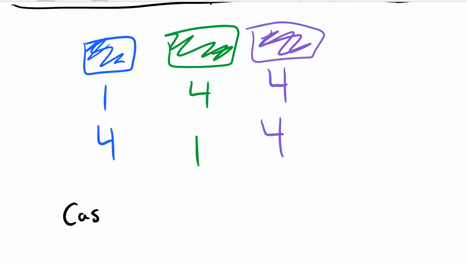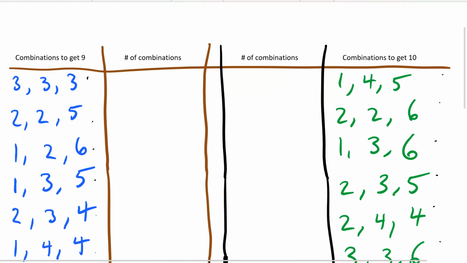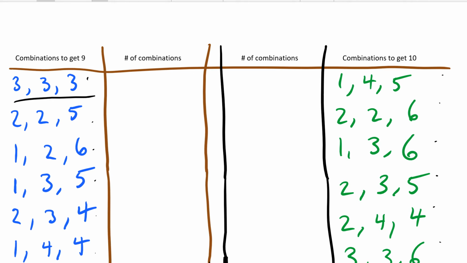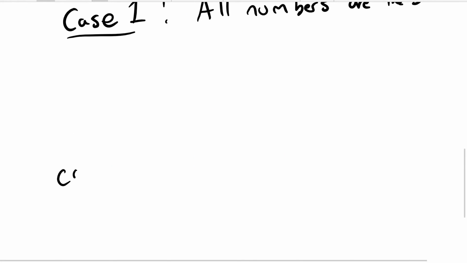One case is all numbers are the same. For example, with combinations to get 9, we have 3, 3, 3. All the numbers are the same. Case 2.